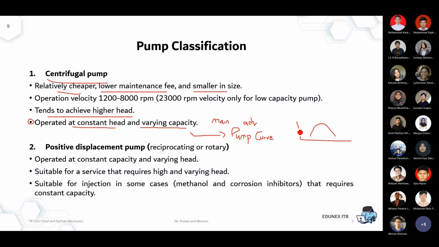Usually it looks like a curve. That's the head, and the x-axis is usually the flow rate. So this is the typical characteristic of a centrifugal pump. It can be used in a varying capacity. That means we have quite a wide range of operation. So we can say that this is our minimum flow, and that will be our maximum flow.